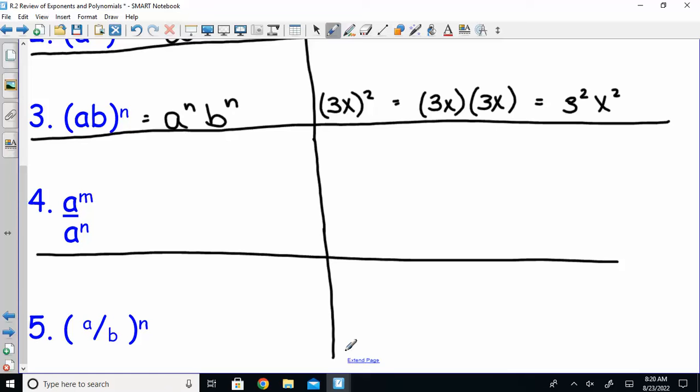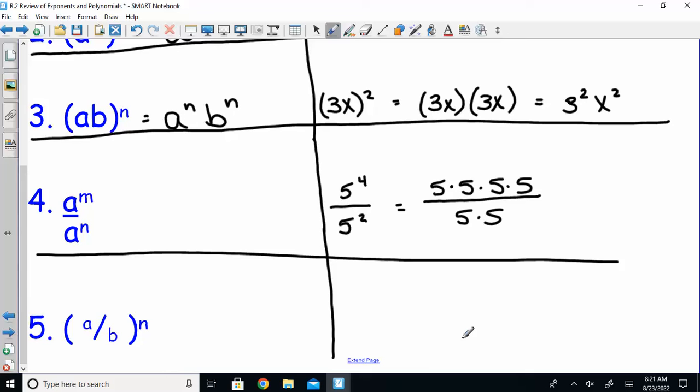Few more. If we are dividing, so if I said 5 to the 4th divided by 5 squared. So 5 to the 4th means there are 4 5s. 5 squared means there are 2 5s.